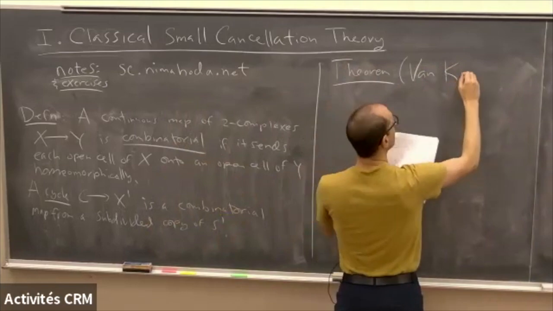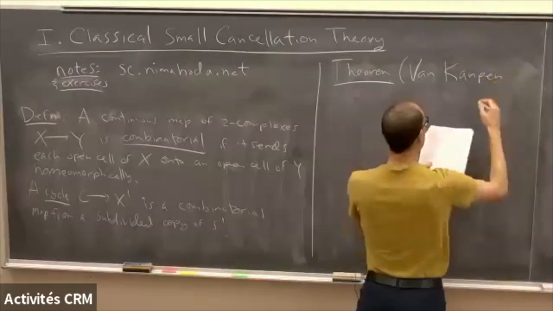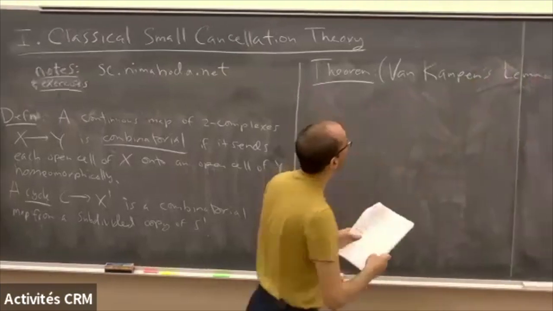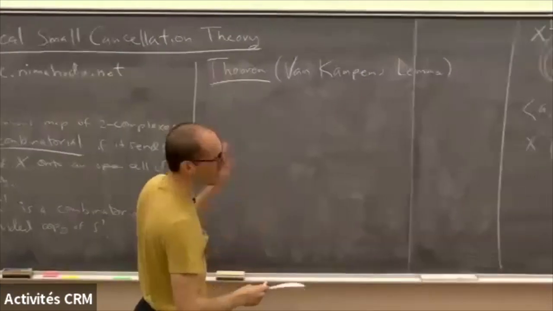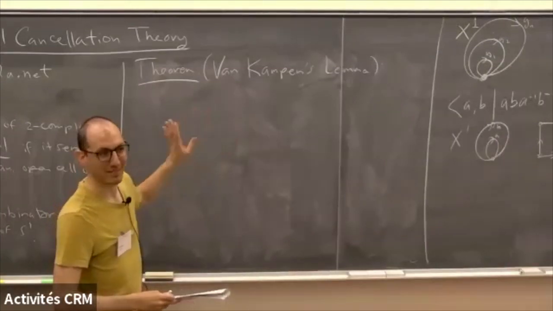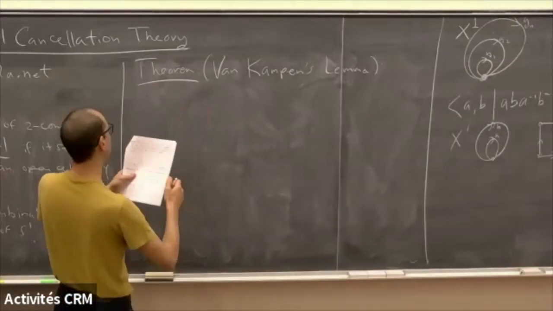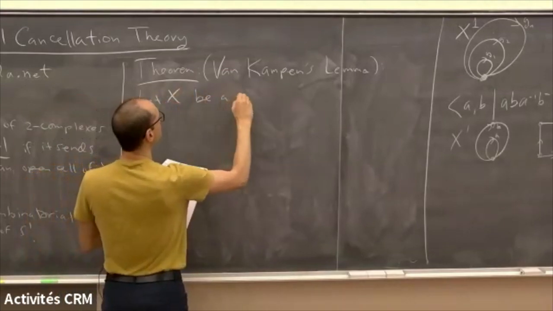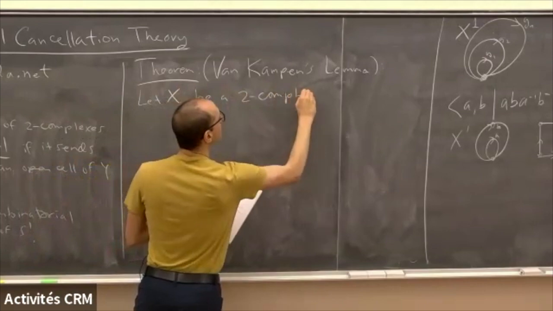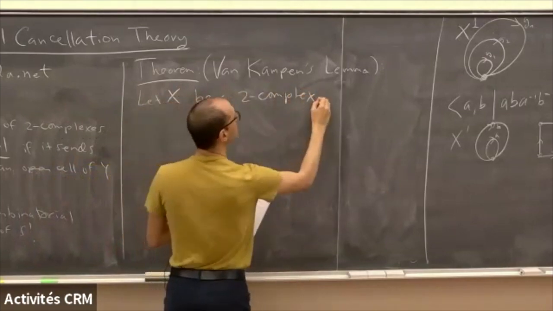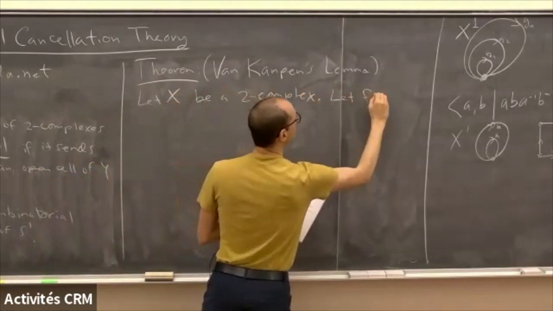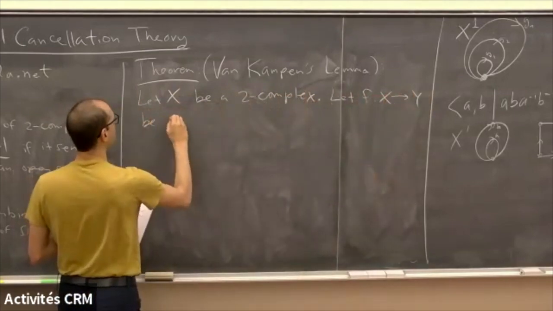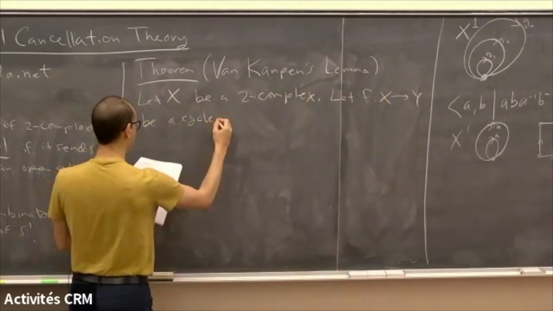Okay, so why do we care about disk diagrams? Well, because they're everything. According to Van Kampen's lemma, this is how you know what group you've got: disk diagrams. Let X be a two complex. Let F from X to Y be a cycle.